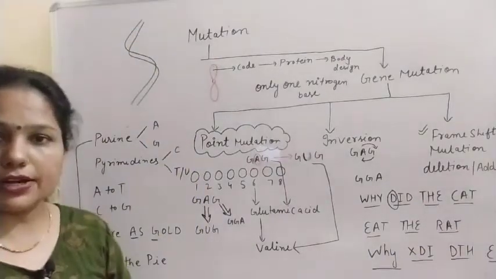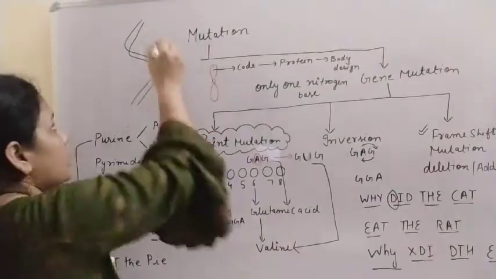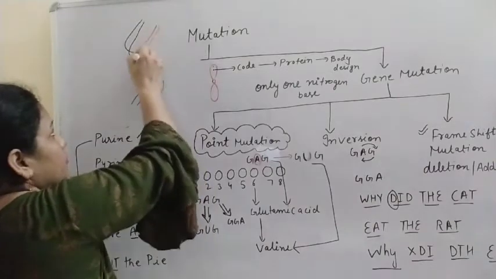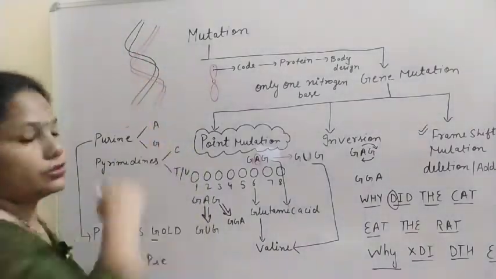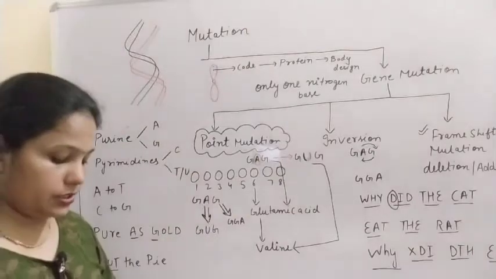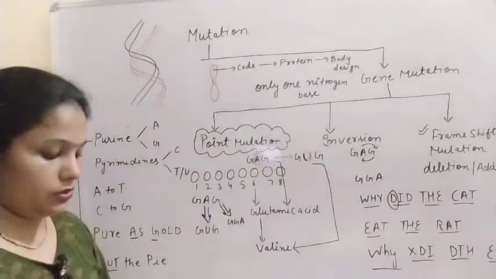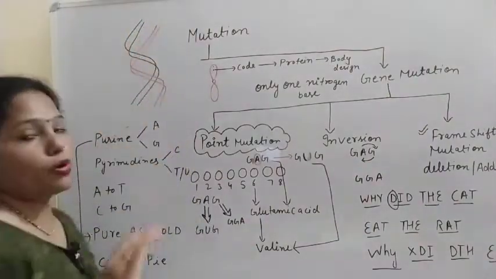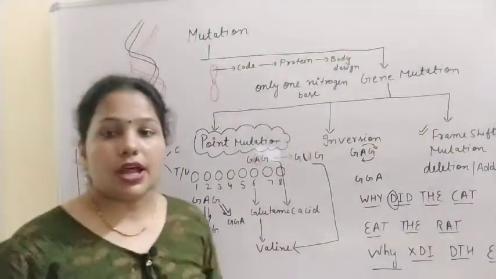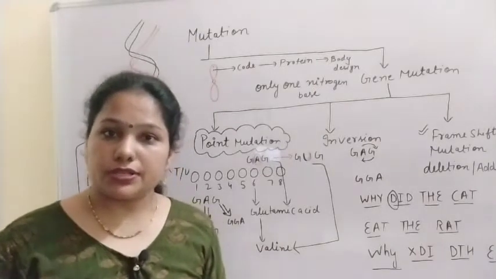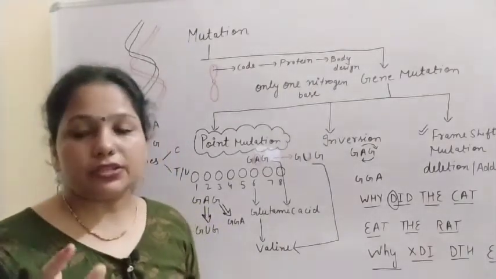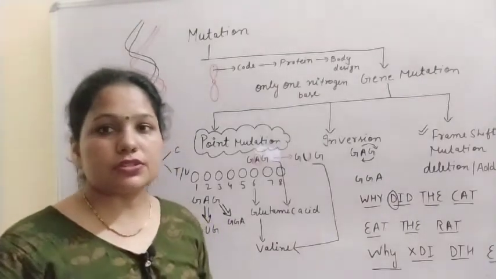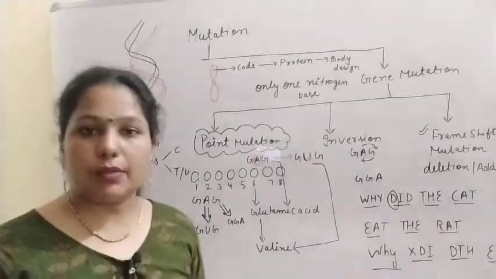This is the first strand of the DNA, and this is the second strand. One strand is drawn with a black marker, the second with a red marker. Each strand is made up of sugar and phosphate and base pairs. The base pairs are divided into two categories: first purines and second pyrimidines.